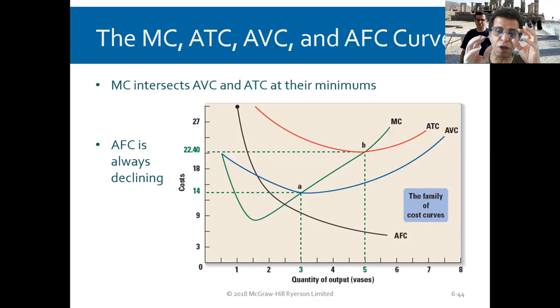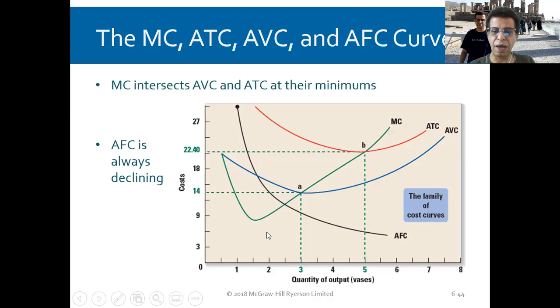But the average variable cost at the beginning starts declining, and then when it reaches a point of diminishing returns, it starts increasing, because maybe it becomes nighttime and you need electricity, or we put too much pressure on the machine, it breaks or needs more oil, or gets older. So here, the average fixed cost is always declining, if you notice.